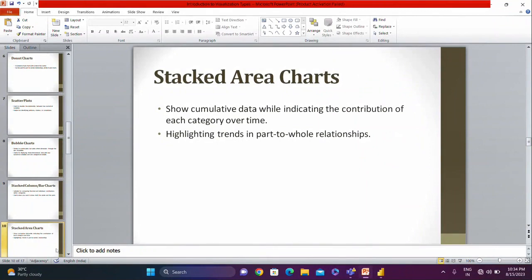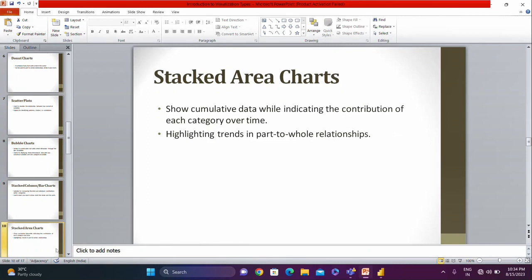So again, we already discussed this area chart previously, but since we discussed the stacked bar chart, the same thing applies in case of stacked area chart also. It can show cumulative data while indicating the contribution of each category over time.